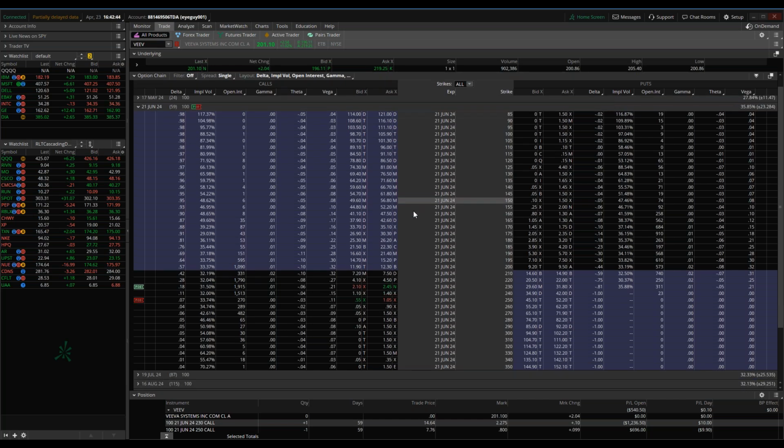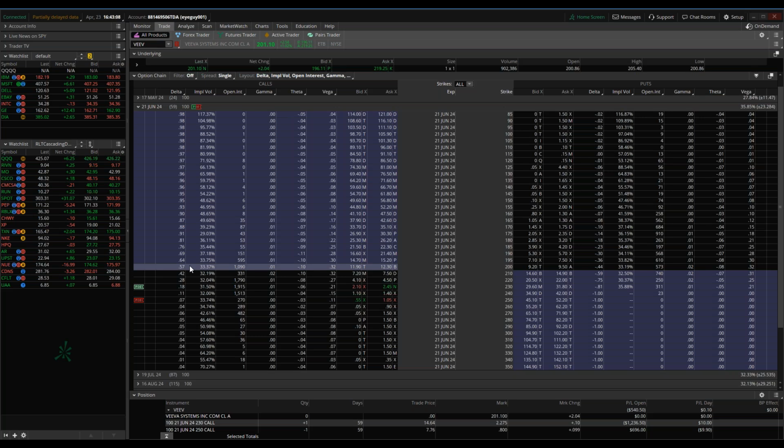So let's look at the 50 delta. Here's our delta, and the best we could get here is a 57 delta. You do have to be a little bit conservative, a little bit flexible. Optimally, we want a 50 delta, but sometimes we're just not going to get it.